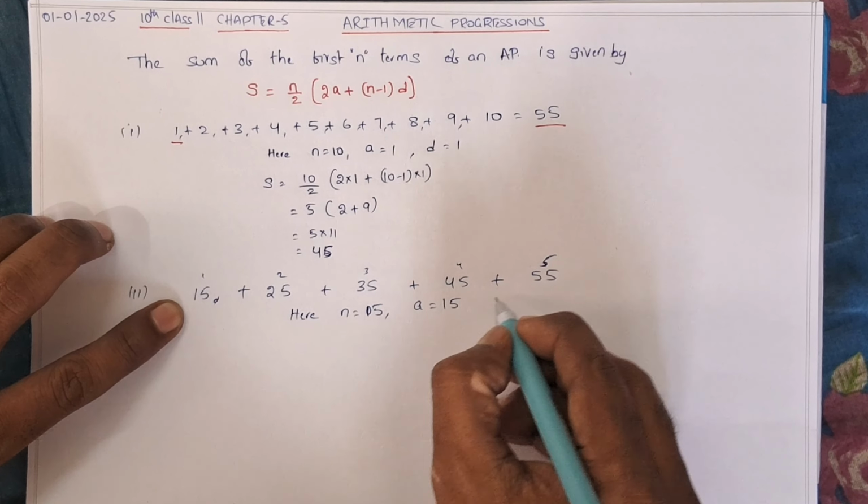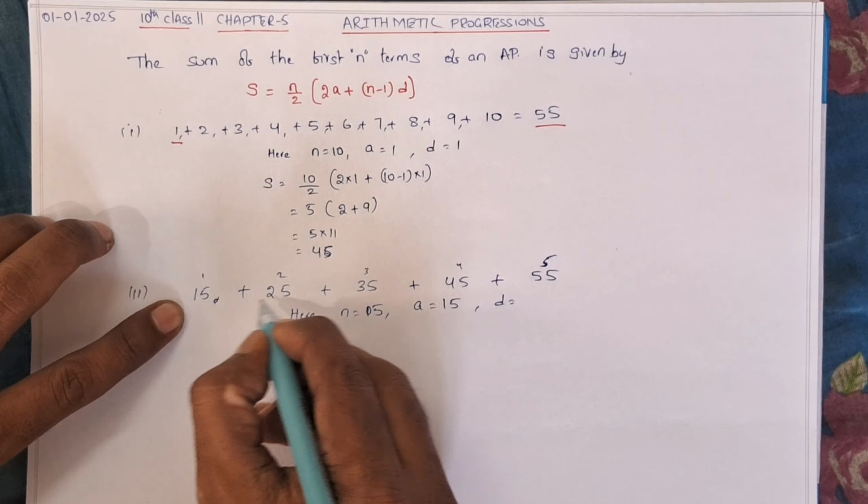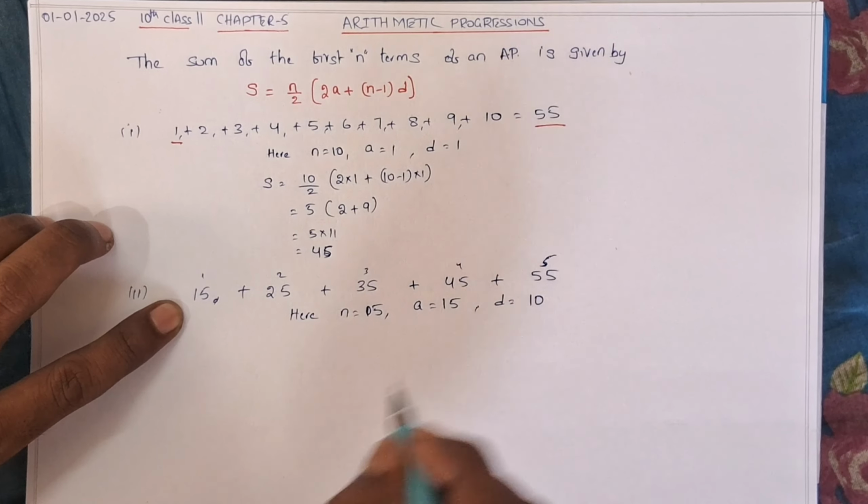A is equal to 15 and D, the common difference, is 25 minus 15, that is equal to 10.